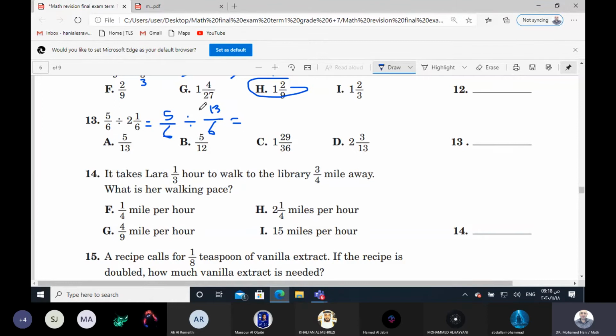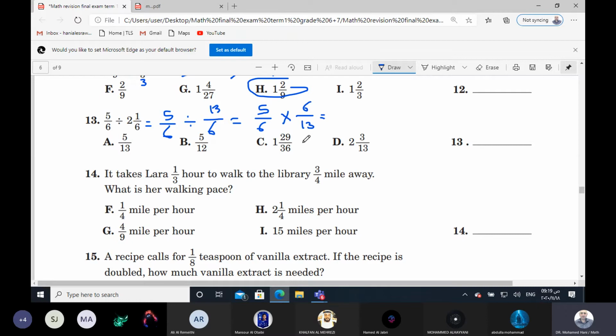Now, when you want to divide between two fractions, we have a rule: keep, change, then flip, or find the reciprocal. So keep the same dividend, write 5 over 6, then change the divide to multiplication, then flip, or find the reciprocal: switch between numerator and denominator, will be 6 up and 13 down.